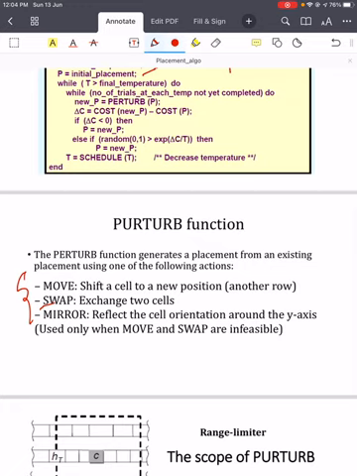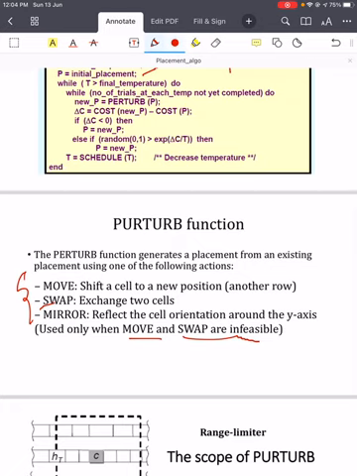Now this third action, the mirror action, is used only when the move and the swap are infeasible. So what is the mirror option? We reflect the cell orientation around the y-axis. You randomly select a cell and flip it in the y direction, or in other words, take the mirror image of the block across the y-axis.